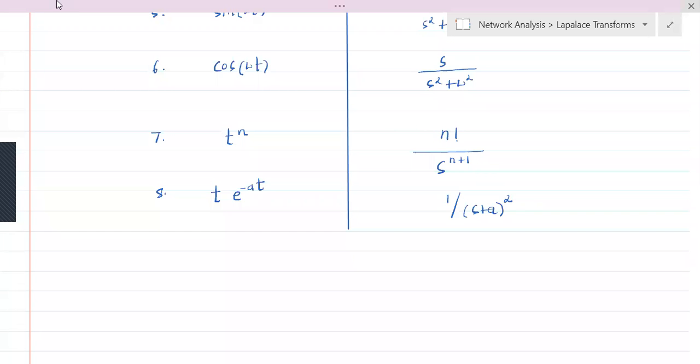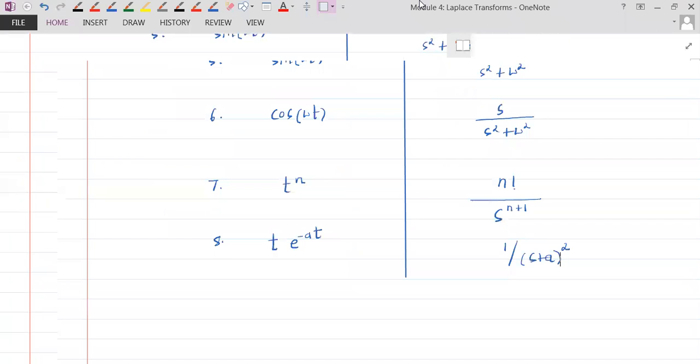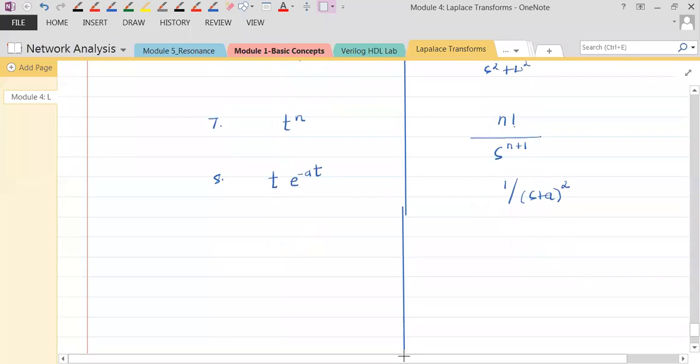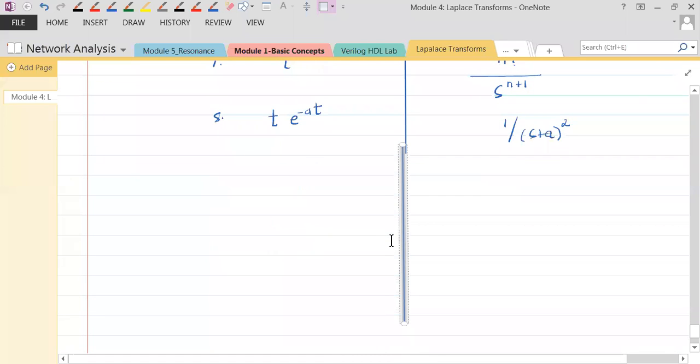Now, similarly, let's increase this list by having two more transforms. Ninth one. Suppose we have sine omega t, it is omega by s square plus omega square, right? What if you have e power minus at along with sine omega t?